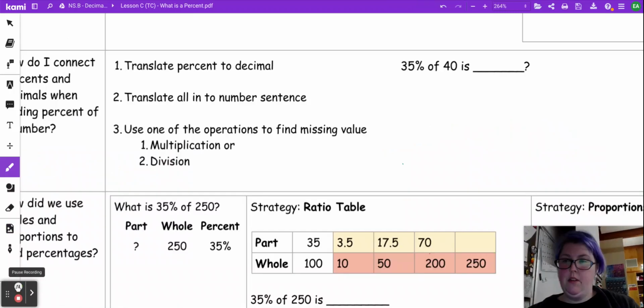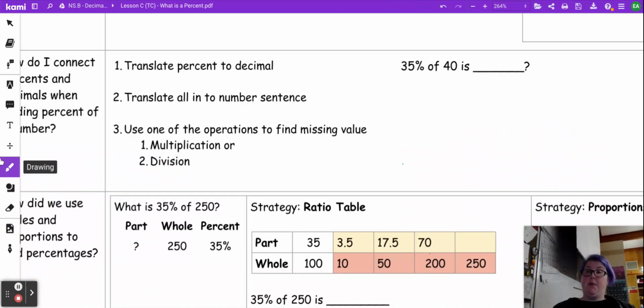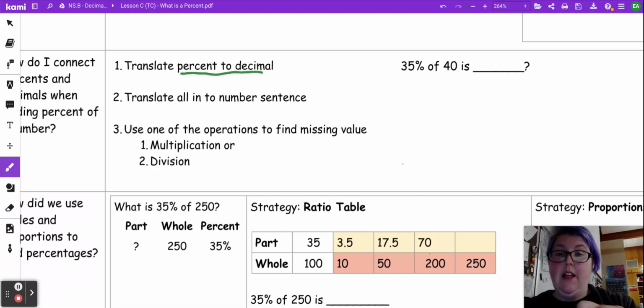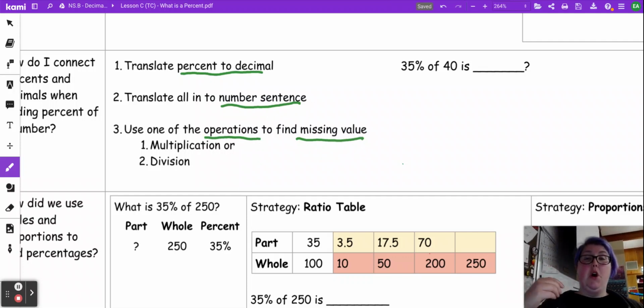So now how do you connect percents and decimals when you're trying to find the percent of a number? So the first step is always to do percent to decimal, then to create a number sentence, and then the last one is to fill in the operations to find your missing value. So it will be multiplication or division.